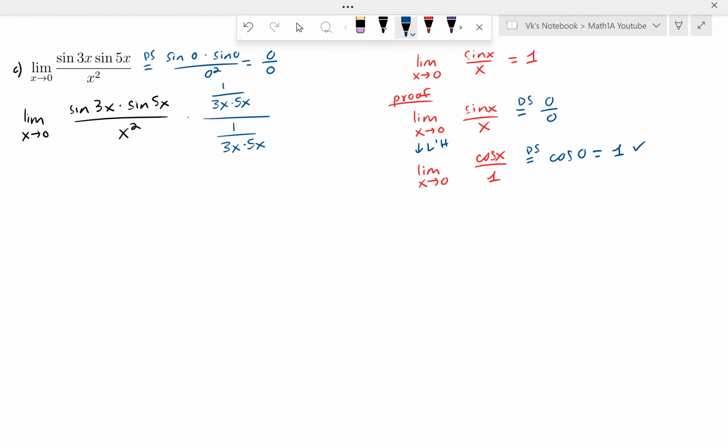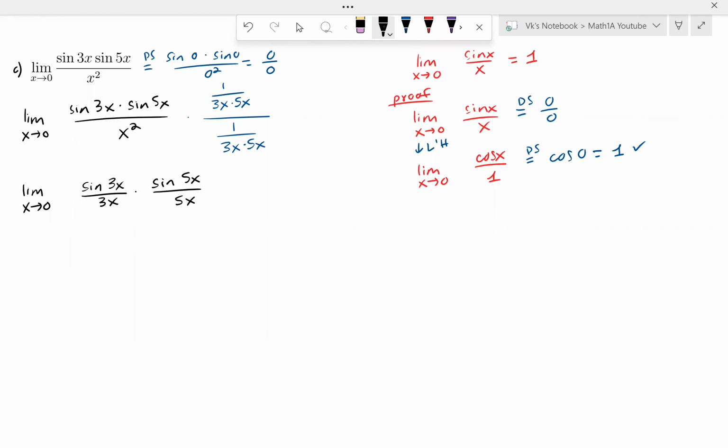Let's just multiply by the number 1. Limit as x goes to 0. And then from here we have sine 3x over 3x times sine 5x over 5x.